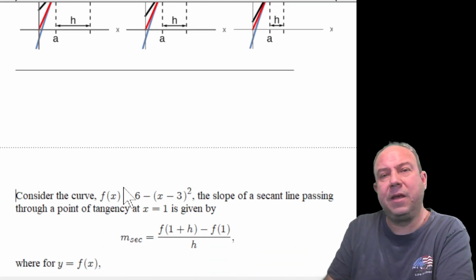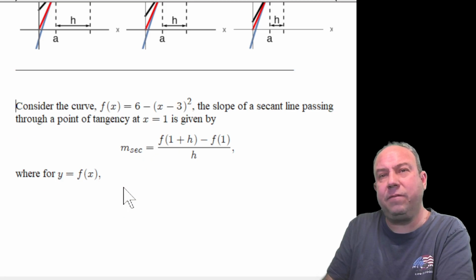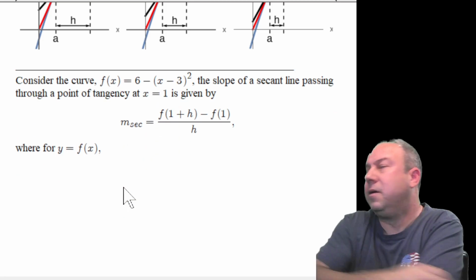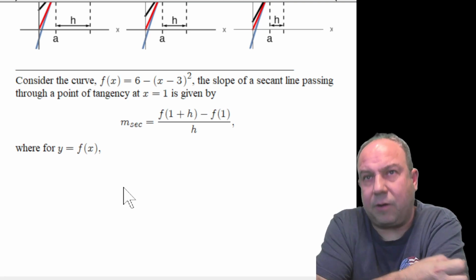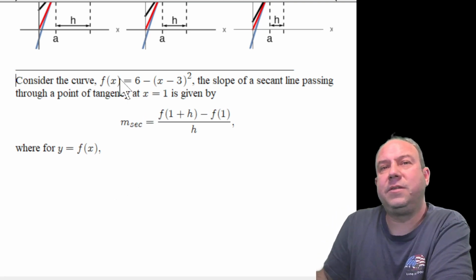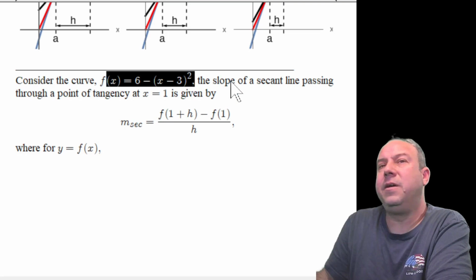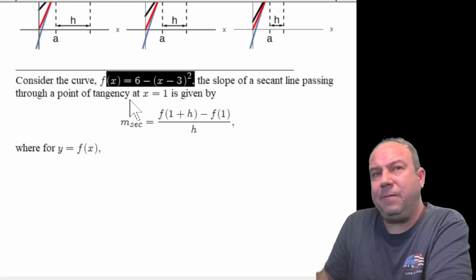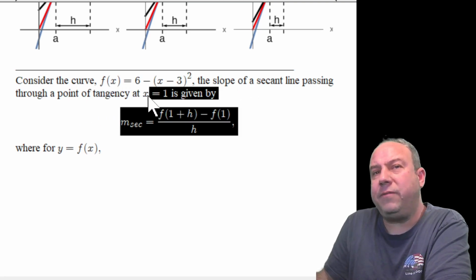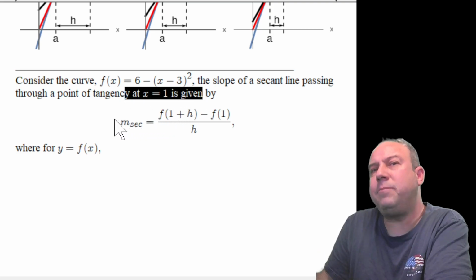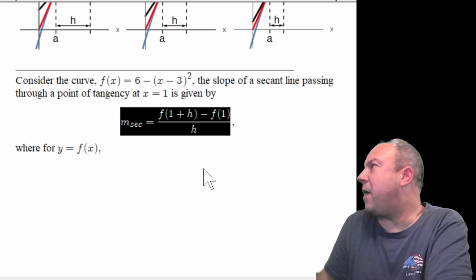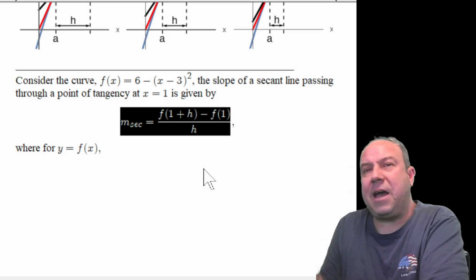We might consider the curve. Here I have 6 minus the quantity x minus 3 squared. All right, let's consider this curve right here. The slope of the secant line passing through the point of tangency at a value of x equal to 1, perhaps, is going to be described by this calculation here.